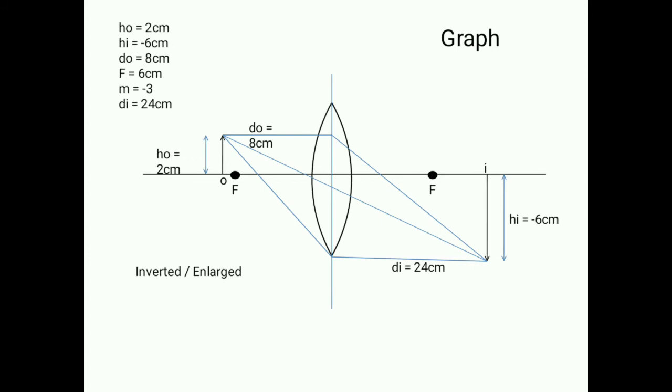What you notice in this graph is that the height of an object is opposite to the height of an image, which is what we call an enlarged image, and also inverted because our object is in an upward direction while the image is in a downward direction.